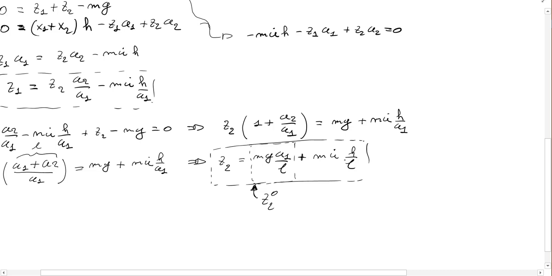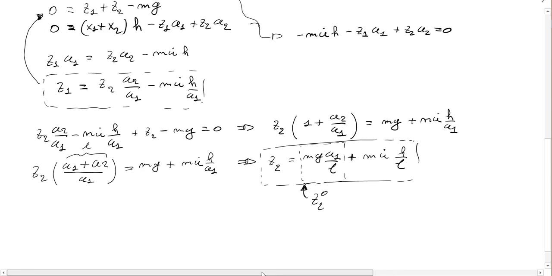And now we can obtain, of course, zeta 1, because as we saw in this equation, okay, this is the equation that tells us that zeta 1 plus zeta 2 will always be equal to mg.